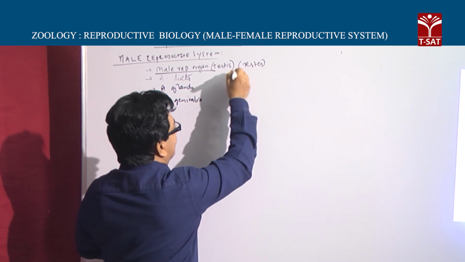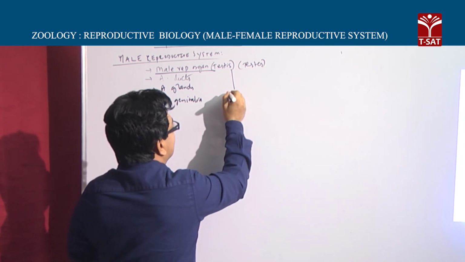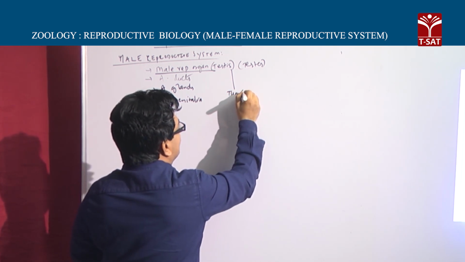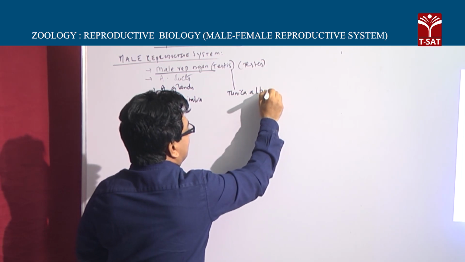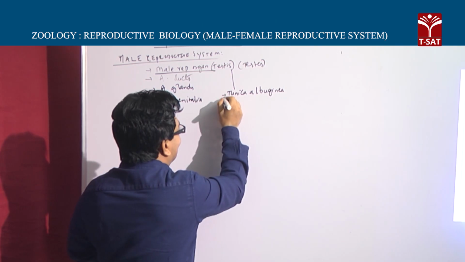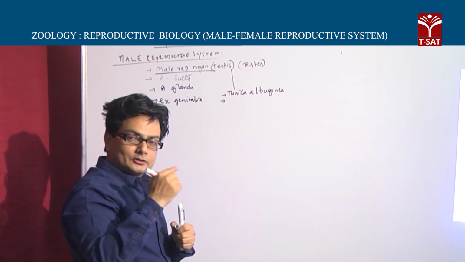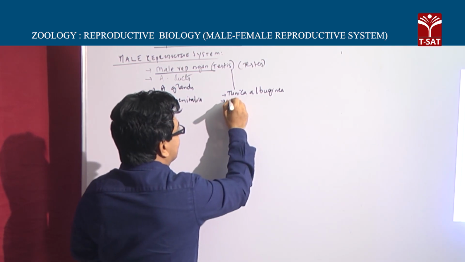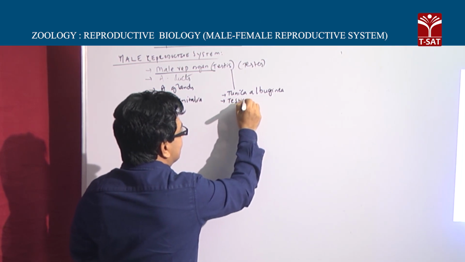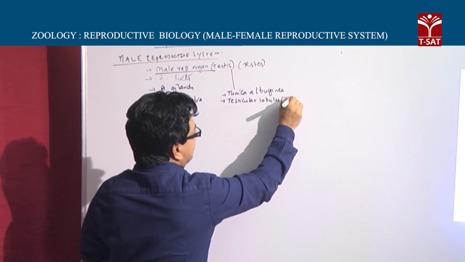When we look at the anatomy, the testis is covered by a connective tissue which is called the tunica albuginea. So the tunica albuginea is the covering around the testis. It divides the testis into testicular lobules, around 250.